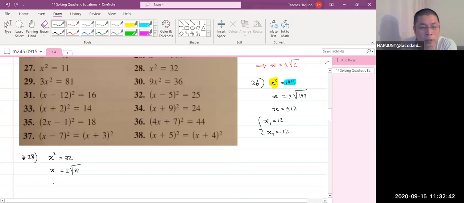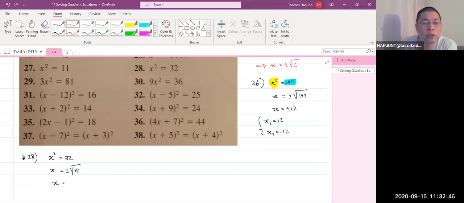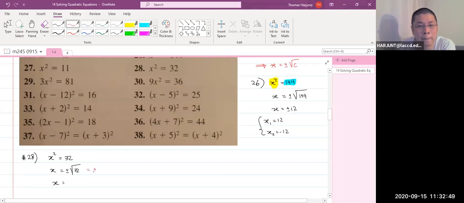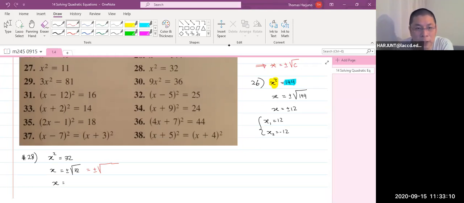Now, you need to simplify that square root of 32 though. What is the largest square number that is a factor of 32? 16, that's right. So you can visualize that this is 16 times 2.